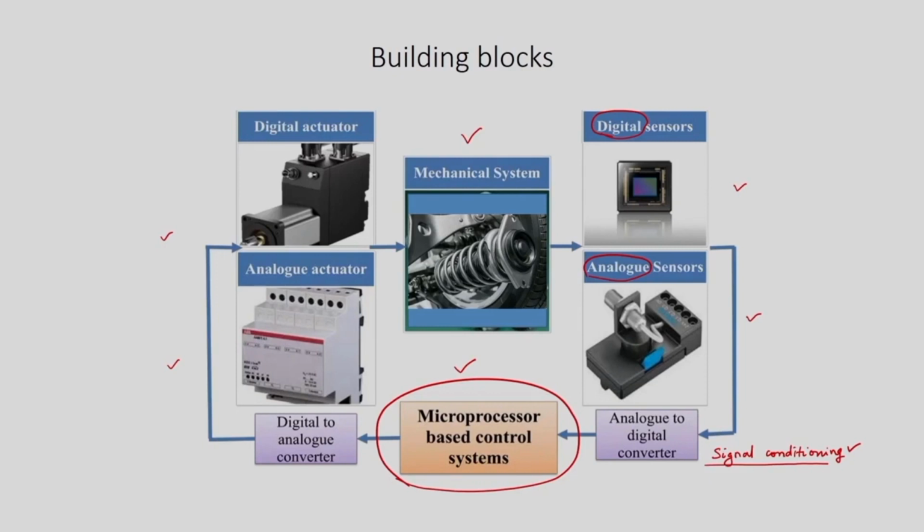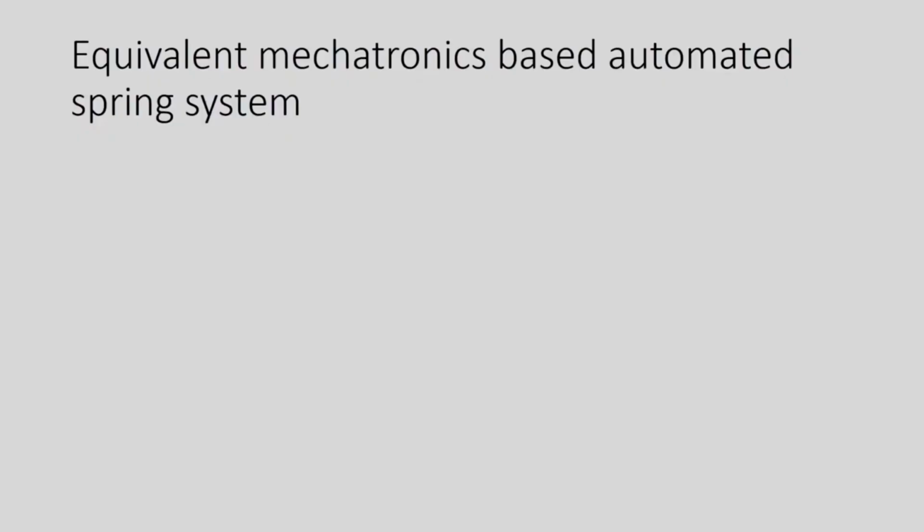We will be studying all these building blocks one by one in this course. To understand these building blocks, let us take a very simple example, the spring system, which we have already seen, and let us try to develop an equivalent mechatronics based automated system for the spring system.